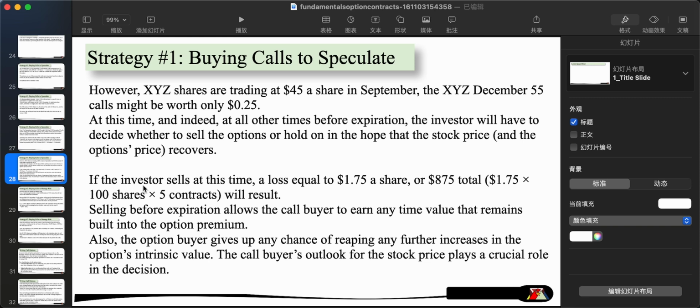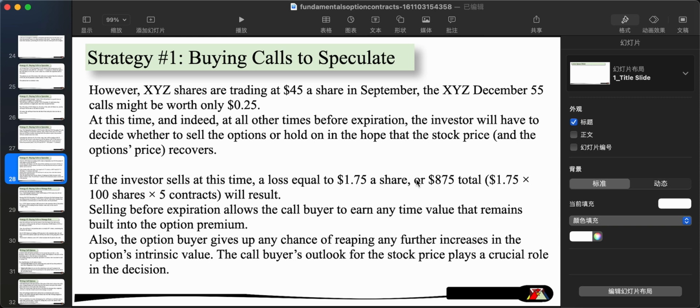If the investor sells at this time, the loss equals $1.75 per share, or $875 in total, which equals 1.75 multiplied by 100 shares multiplied by 5 contracts.